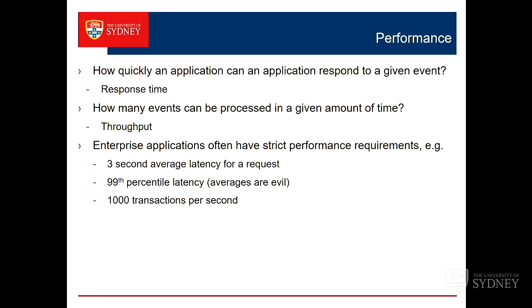So I say in there, averages are evil. Averages are a really, really horrible statistic. And I'm getting more and more allergic to the use of averages because they hide sins very, very badly. So, great, we have a 1 second average latency. And some of you must play video games here, right? How many frames per second do you get in your video game? I get an average of 60 frames per second. How playable is the game if every now and again I get dropped down to 10 frames per second?